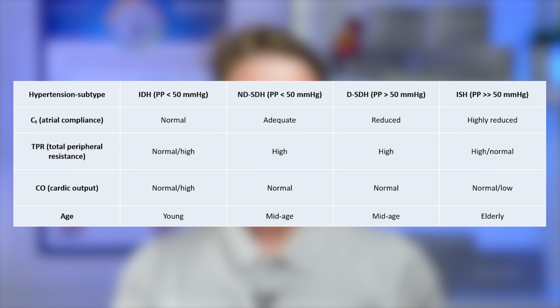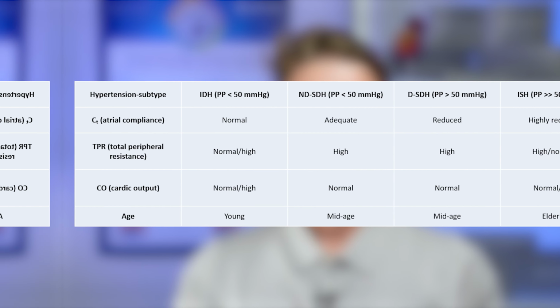This typically results in isolated diastolic or combined systolic-diastolic hypertension. And in older adults, often aged 65 and up, we frequently see isolated systolic hypertension, mainly due to stiffening of the large arteries, which also leads to an increased pulse pressure. This age-related understanding is crucial for adapting the diagnosis and treatment of hypertension to each patient individually.